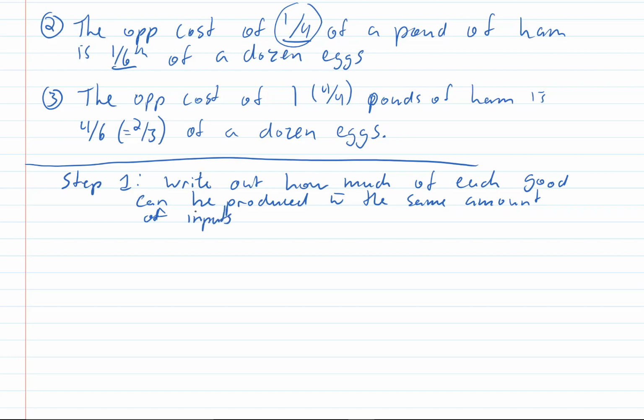In this case, we looked at how much of each good we could produce with 1 hour, but it need not be 1 hour. It could be a day, or whatever you choose.